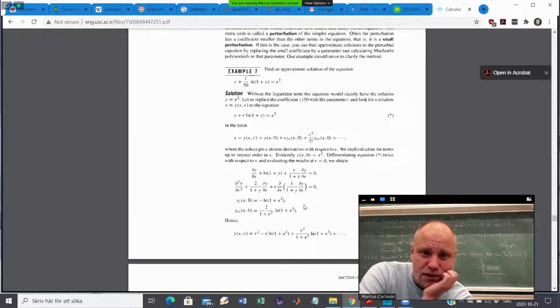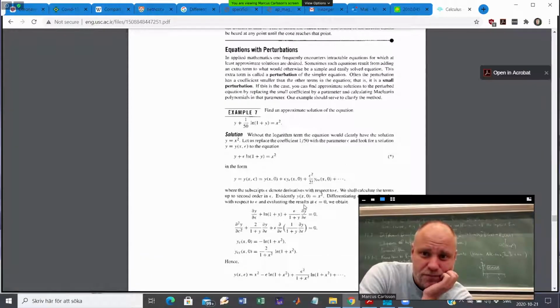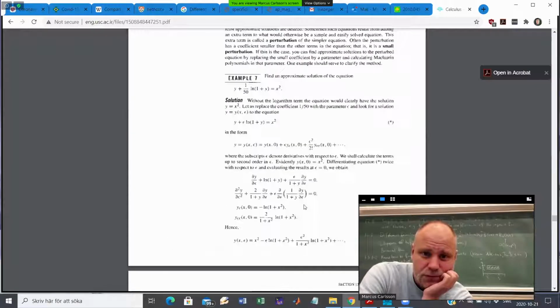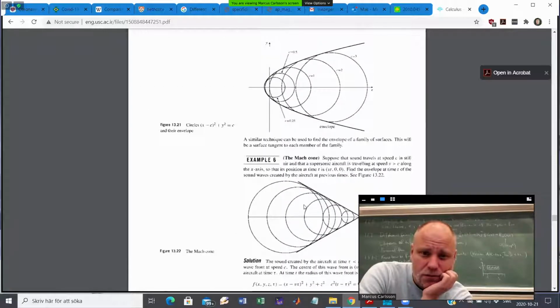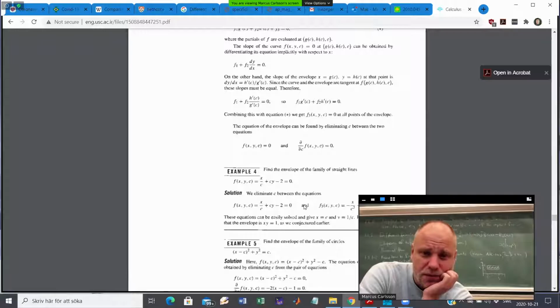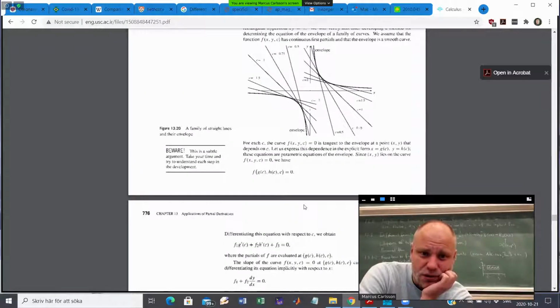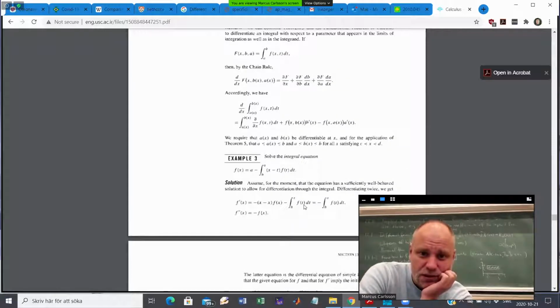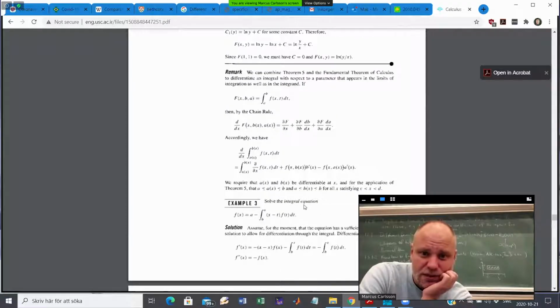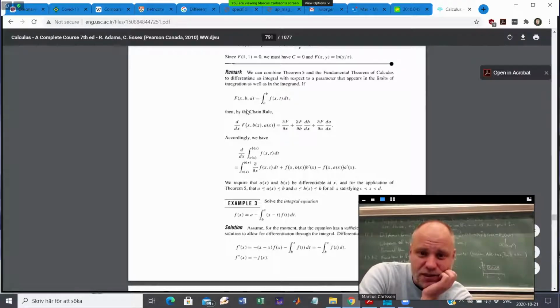But here it gets nice. The a and b in the integral can also depend on x, right? And then, here's the chain rule. When a and b depend on x, then you get this form here.